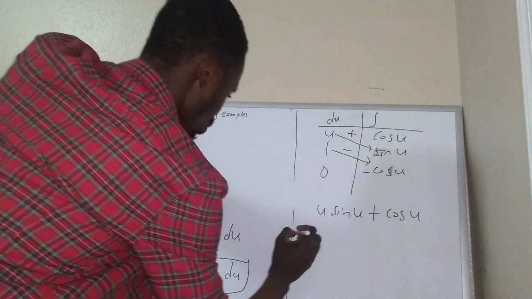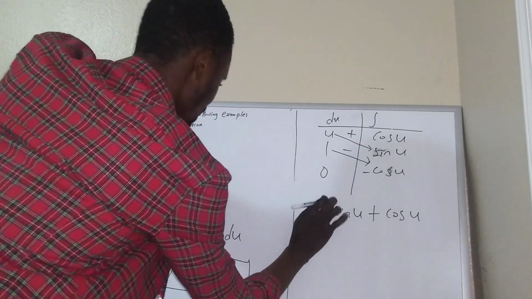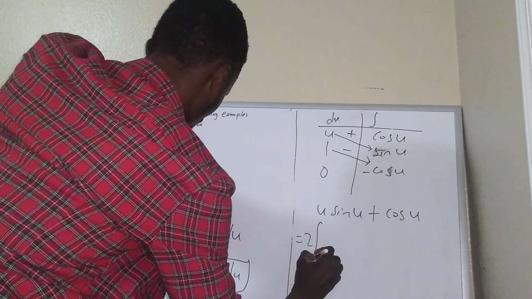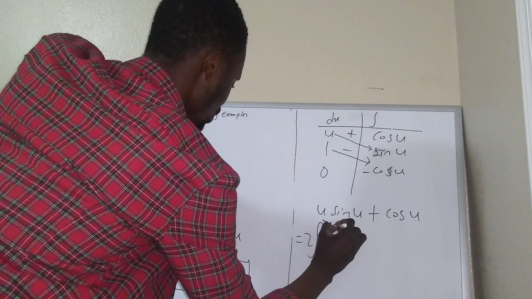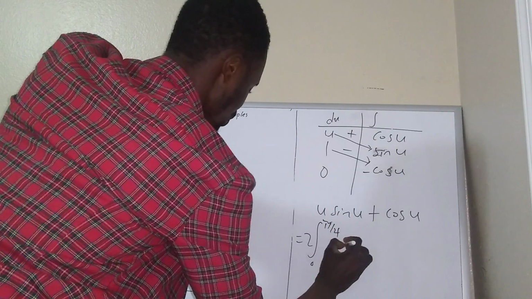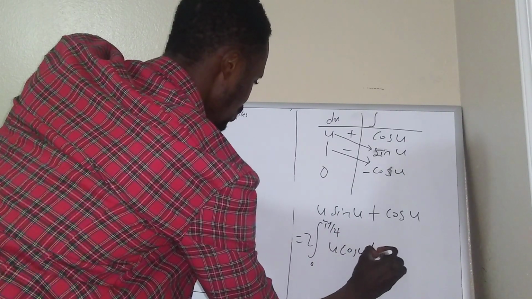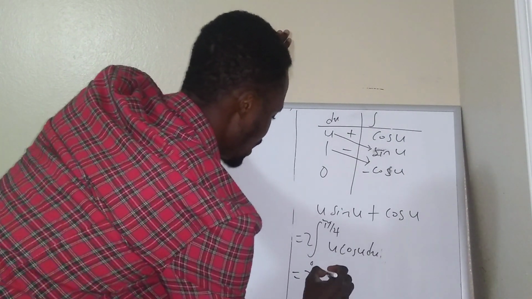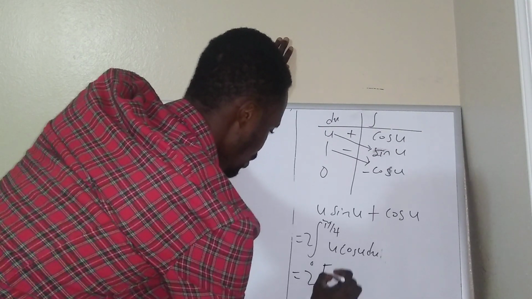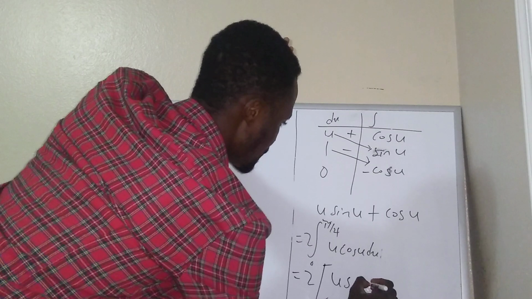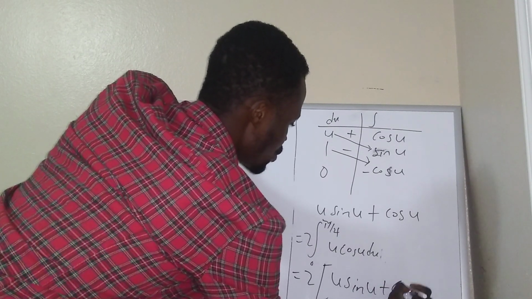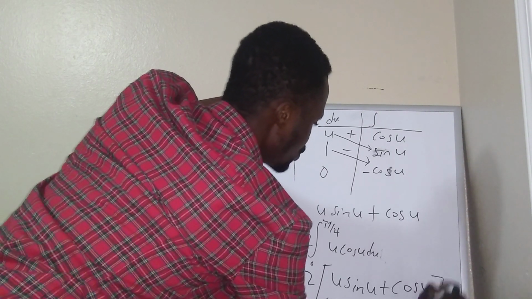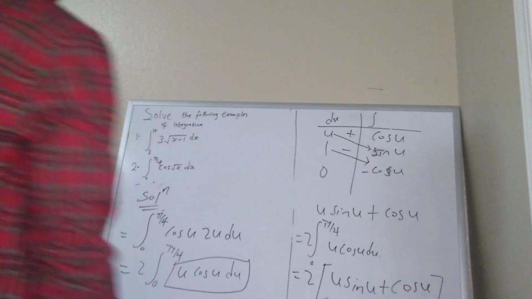So the equation, 2 times the integral from 0 to pi on 4 of u cos u du, is equal to 2 times u sine u plus cos u.